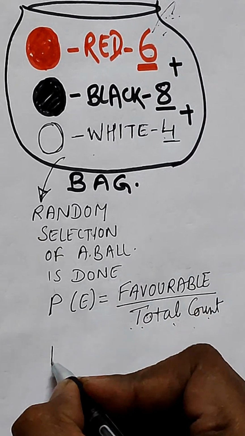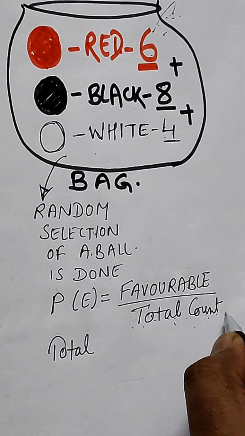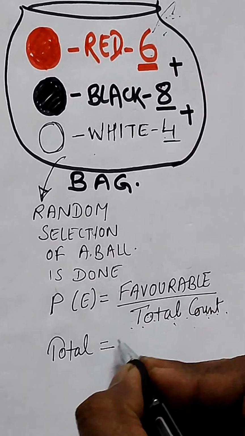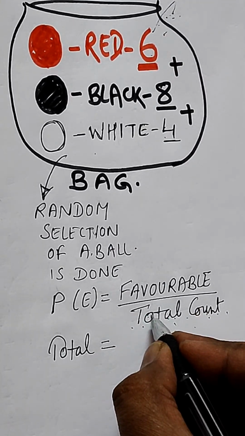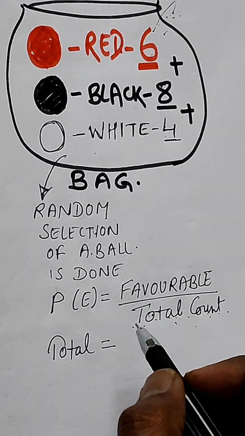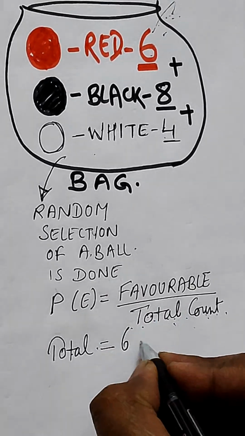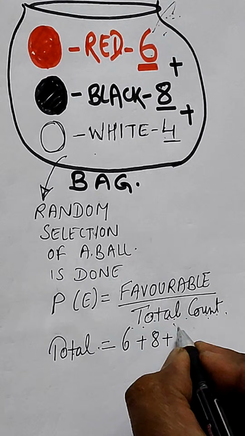The total count is kept in the denominator. This is just like the fraction concept: if you remember, in a fraction we keep the total in the denominator. So the total is 6 plus 8 plus 4.